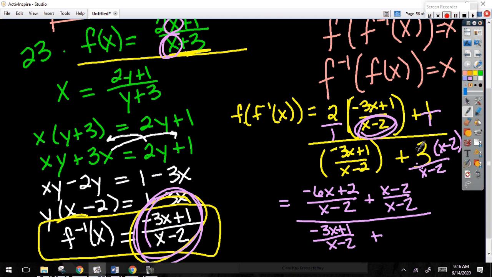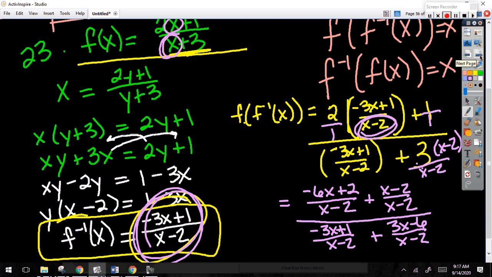Ready? I'm going to have to go to the next page. So I'm going to go ahead and combine up top here. Actually, let me show you this. Do you notice how every single denominator is the same? Right? X minus 2. If I multiply the top and the bottom, think about this fraction as a whole right now, by x minus 2.